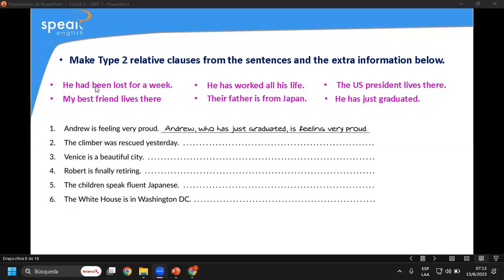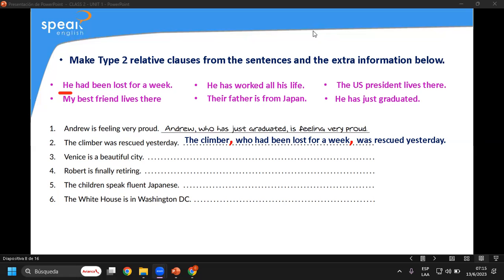Very good. So instead of saying he, what is the relative clause that I can use? Who. Very good. Because I'm talking about a person. So look at this. The climber, who had been lost for weeks, was rescued yesterday.